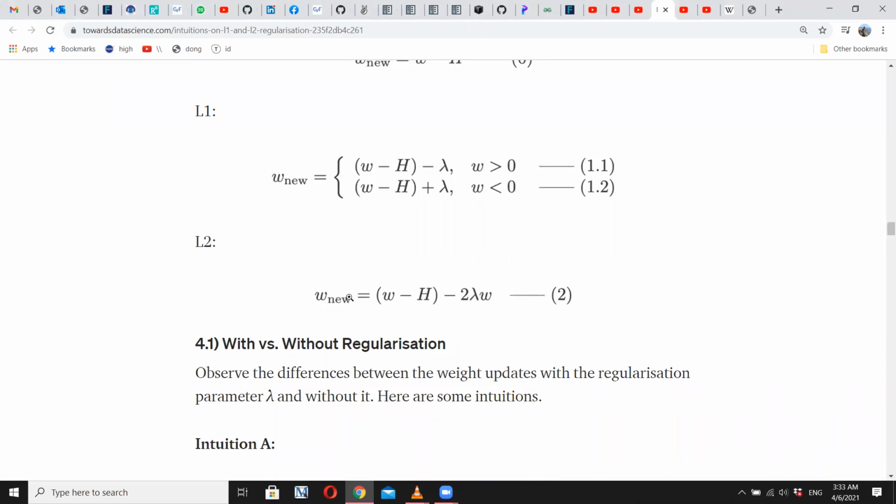That is why you won't go quickly towards w equal to 0 here compared with L1 regularization, because L1 uses a constant lambda step size, but here you should scale your lambda with 2 times w. And that is the reason you won't arrive quickly towards 0.